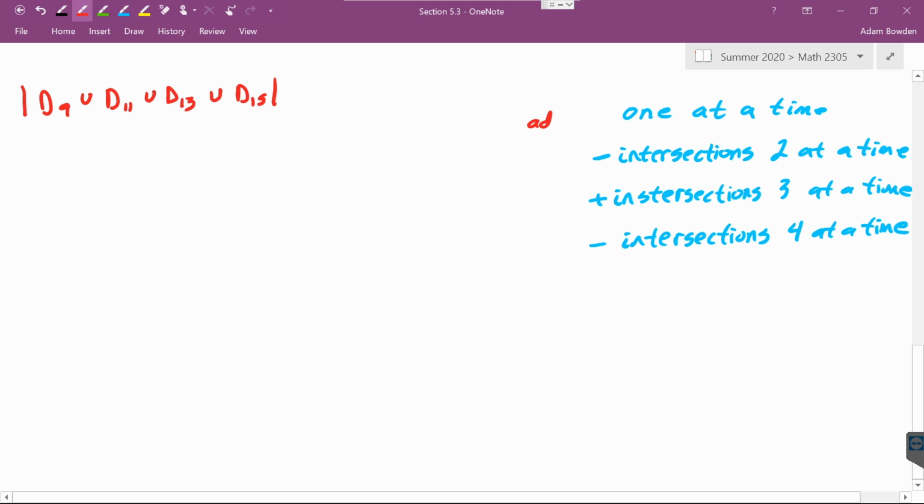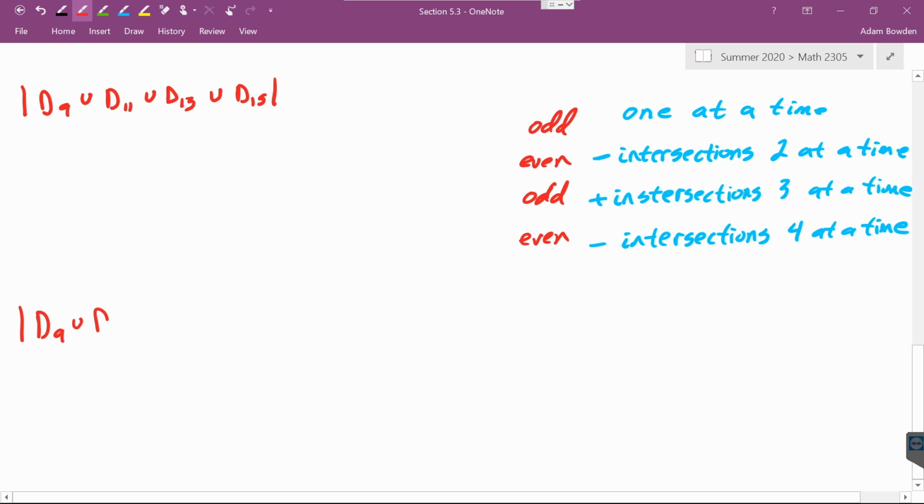We add the odds together, and then we subtract the even at a time, plus the odd at a time, plus the even when we take them together and intersect them, even number of sets at a time.